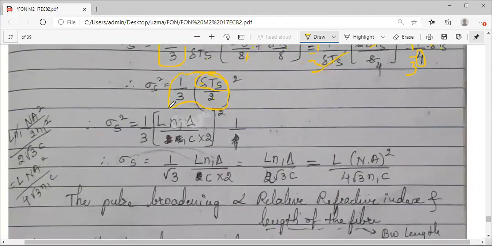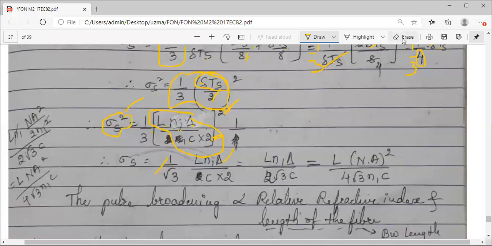Substituting that, I have taken Ln1 delta by c, the same value I have taken here. This 2 I have kept as it is, square. So if I want to take the sigma S, I have to take the square root. So it is 1 by root 3, Ln1 delta, because these squares will get cancelled.